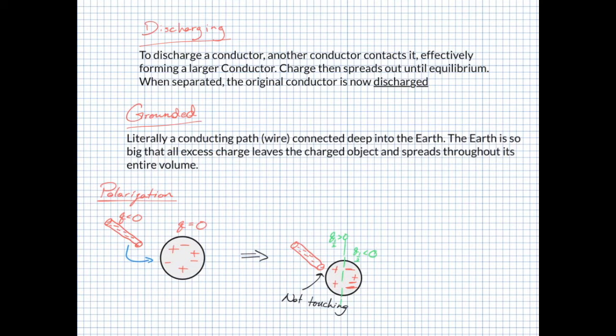Okay. Now, another form of charging is what we refer to as induction. Induction works a lot like polarization, except we want to maintain the charge we've established on our conductor. So we're going to do a similar setup.